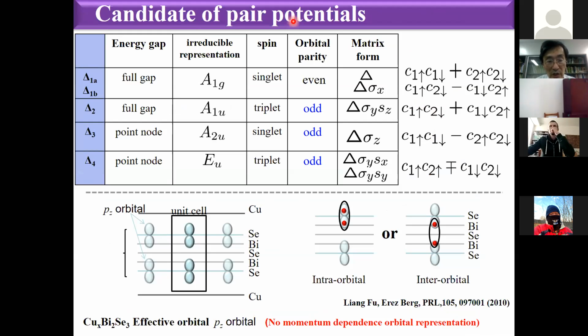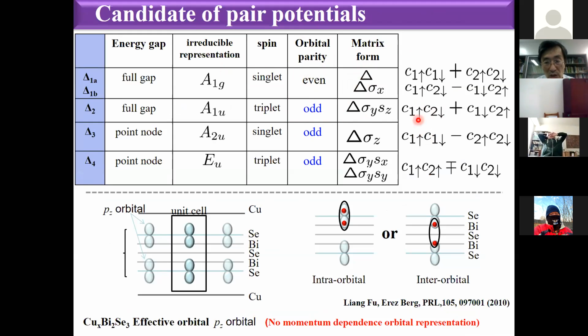They consider a pairing where, although there is no momentum dependence and it seems to be S-wave, as far as we write it in the orbital basis, there is quite exotic pairing because the orbital parity is odd.